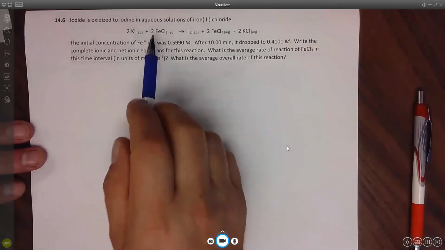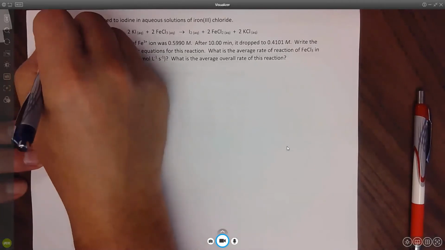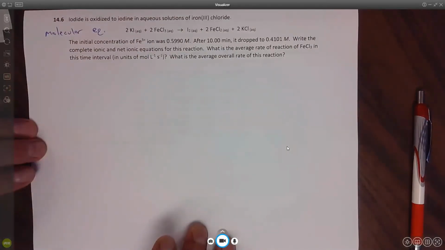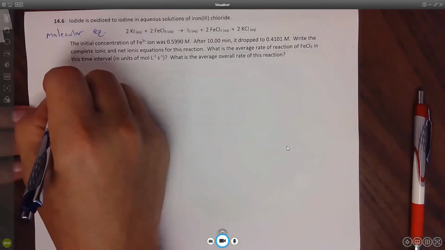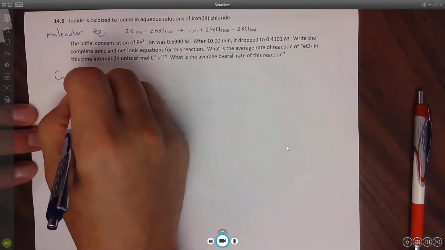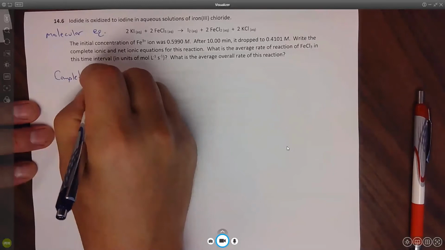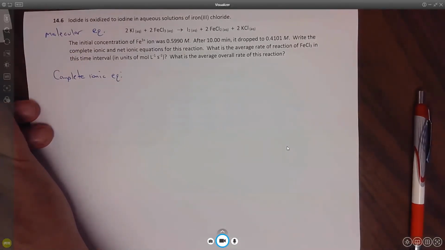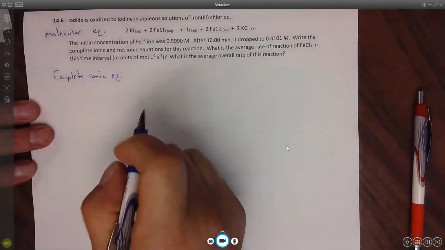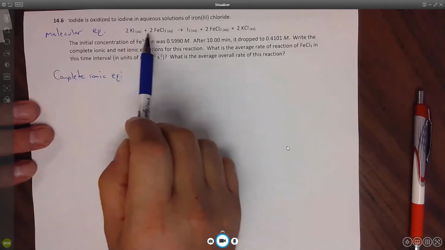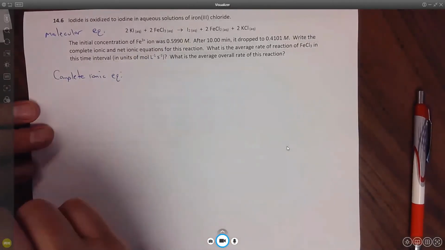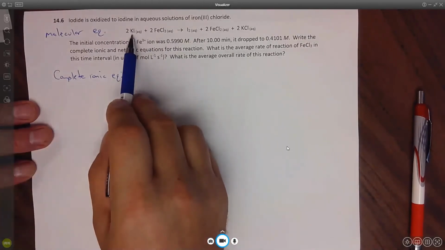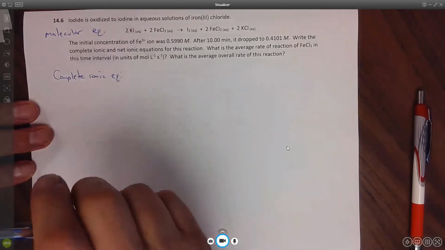But if we want to go from the molecular equation to the complete ionic equation, remember the complete ionic equation is what's really going on in those solutions before and after the reaction. So we could assume that we have 2 beakers, right? We have a beaker of potassium iodide and a beaker of iron 3 chloride. What happens to potassium iodide when I throw it in water?